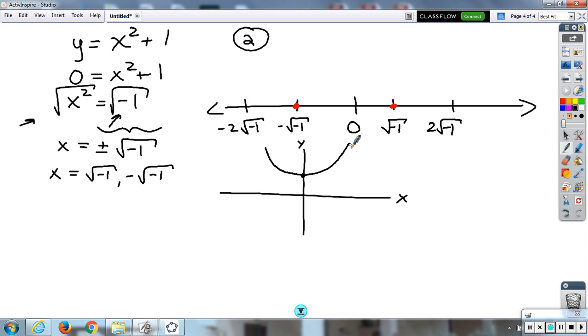So again, this illustration helps us to make sense of the fact that this polynomial has no real solutions, because there is nowhere that it crosses this x-axis. But it somehow crosses this other new axis.